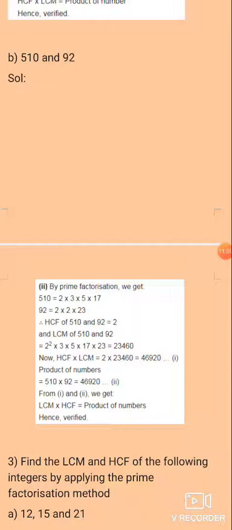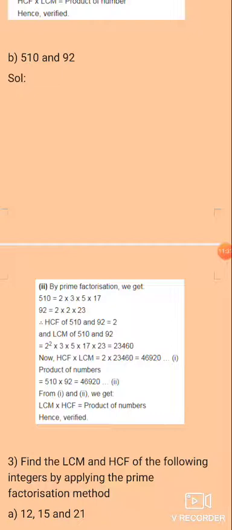Now when you find the product of all those numbers, we get 23,460. Okay, so HCF into LCM we need to find next. Here HCF is 2 and LCM is 23,460. When you find HCF into LCM, 2 into 23,460 is 46,920.